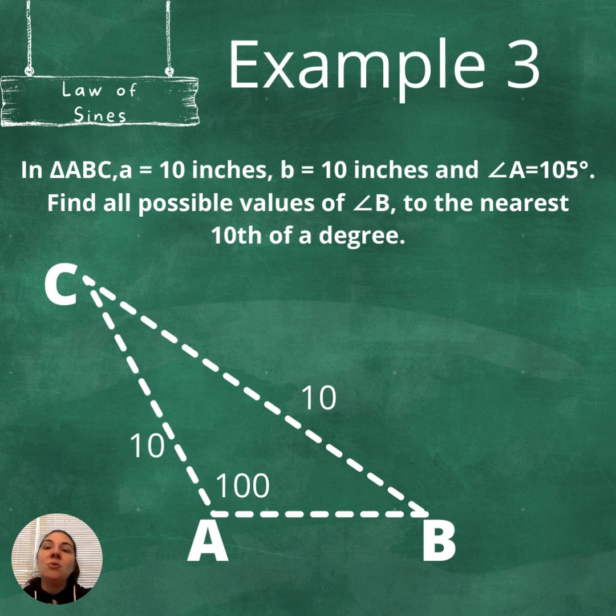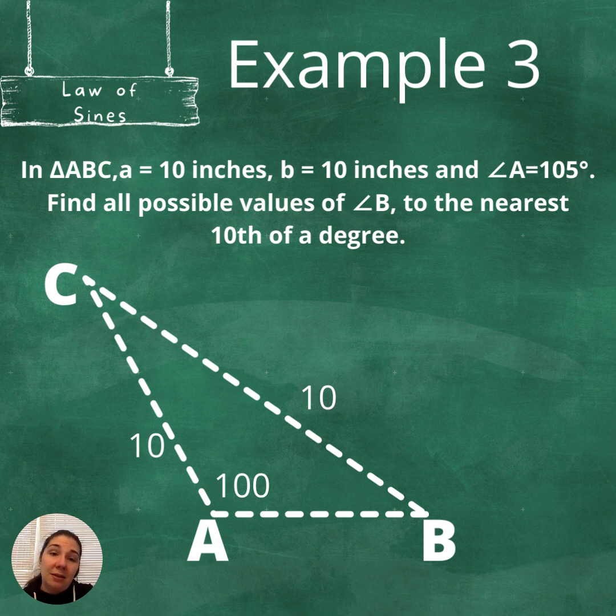But again, you can't have an obtuse triangle be isosceles, because if you recall the rules of isosceles triangles, the angles opposite of the congruent sides are also congruent. So it has two congruent base angles and two congruent legs.